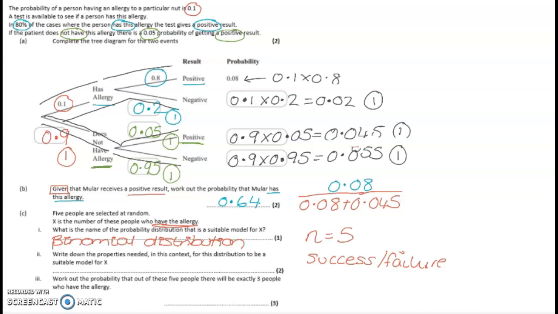Write down the properties needed in context for this distribution to be suitable. Really, I've already started to do that on the right hand side. N is 5. That is our set number of trials. We have success and failure, which is having the allergy or not having the allergy.